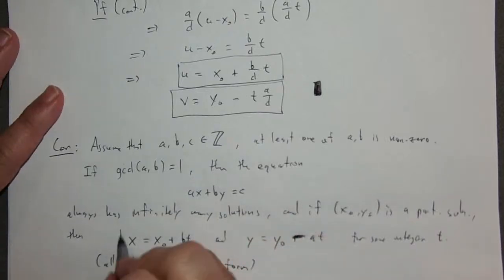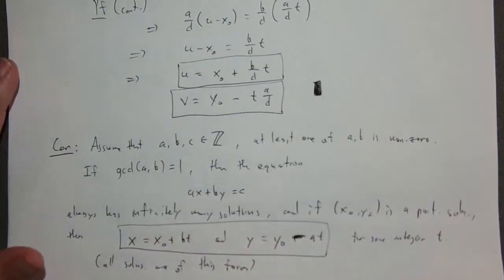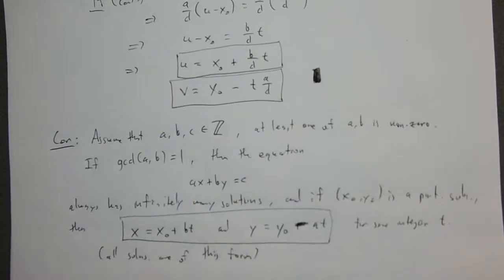And again, this is a slightly simpler expression because here d is 1. So in our previous statement, the GCD that shows up is actually 1.